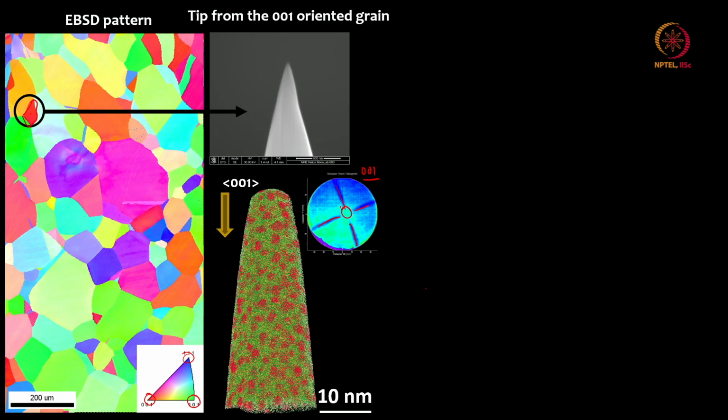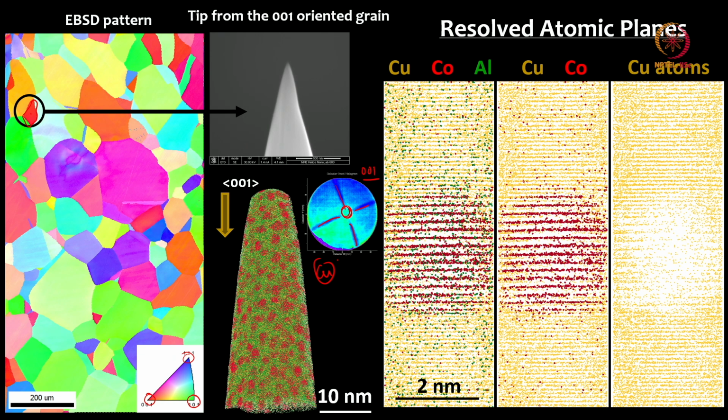And these are the precipitates which are present in pure copper. Now for this particular region, if I take the SDM maps along the Z direction and reconstruct along that particular pole, then actually you can get the 001 planes.